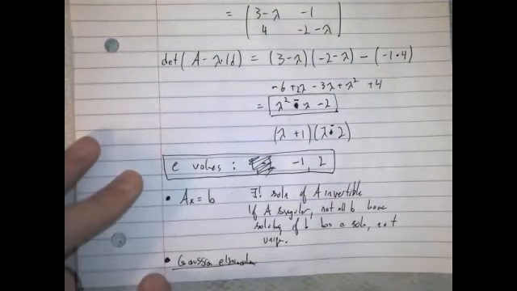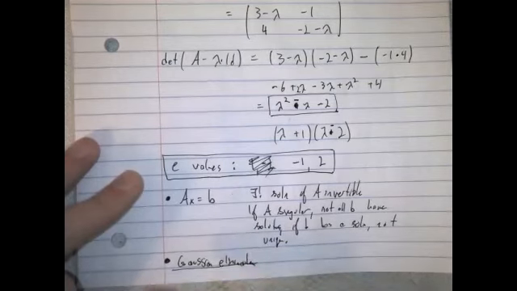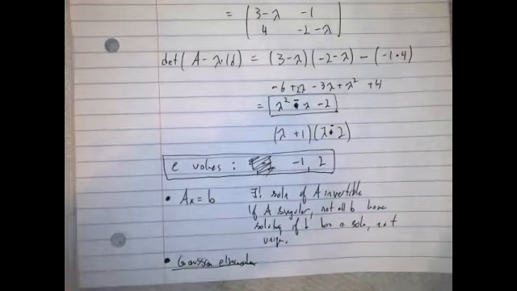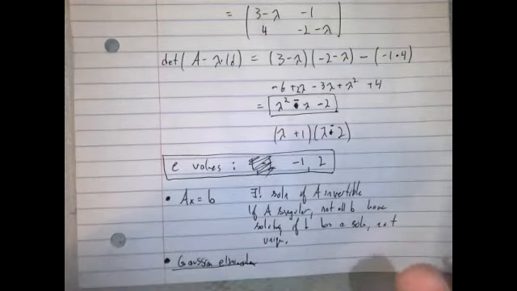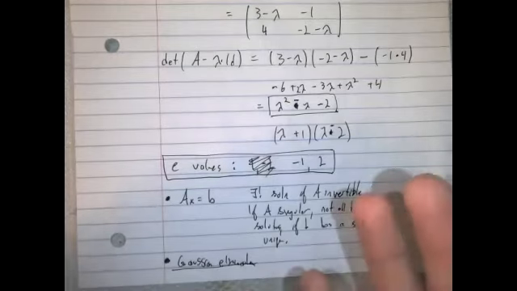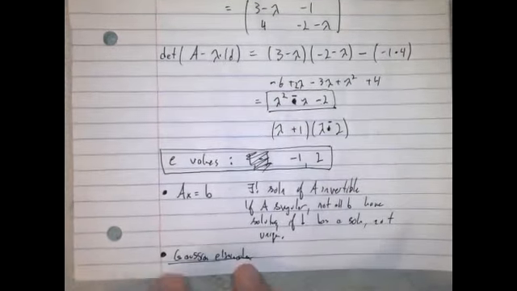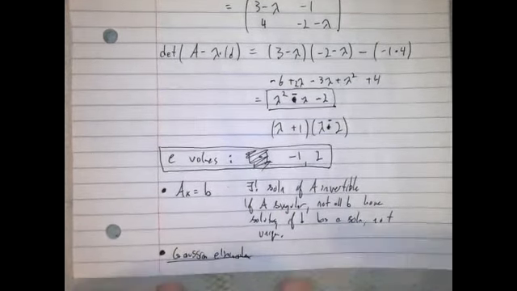And you notice that when A was not singular, or A was invertible, we got the unique vector x that worked. When A was singular, in both cases, we got a family of vectors parameterized by alpha, such that that whole family of vectors was mapped to our given B. Gaussian elimination is the second piece.